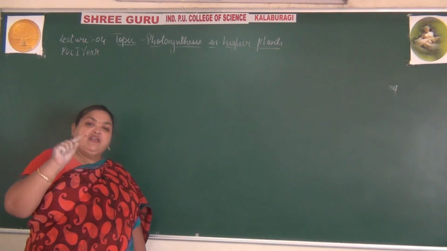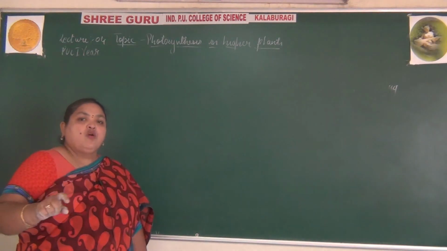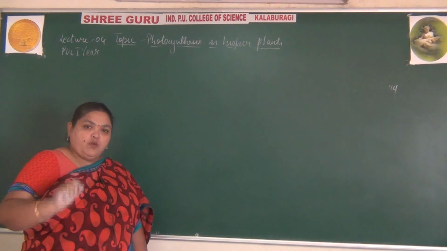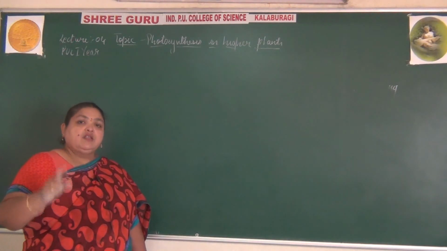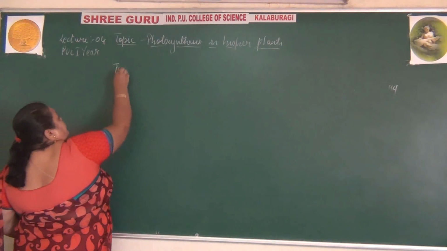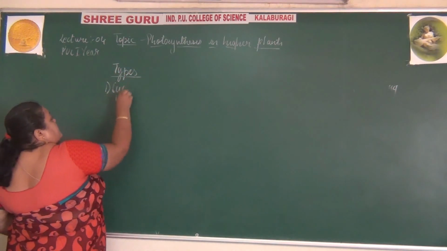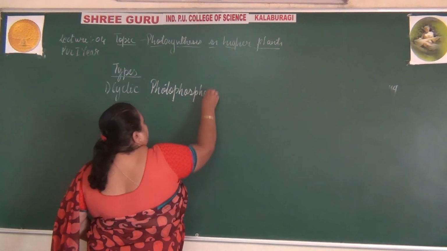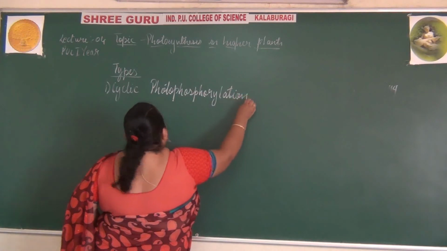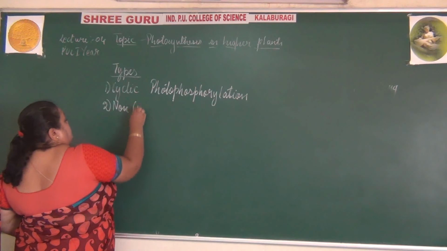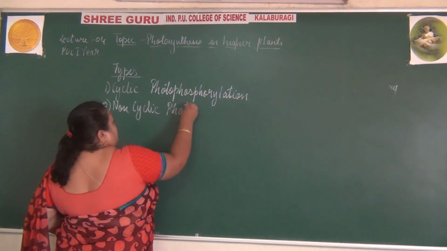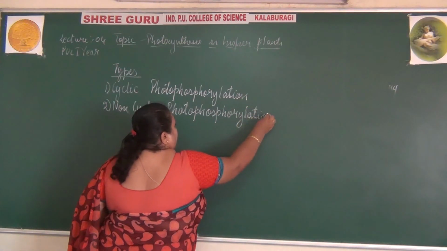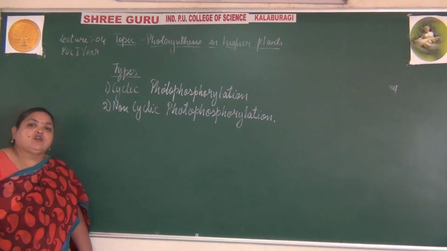Based on which system is involved in photosynthesis and the movement of the electrons, there are 2 types of phosphorylation: cyclic phosphorylation and non-cyclic phosphorylation.